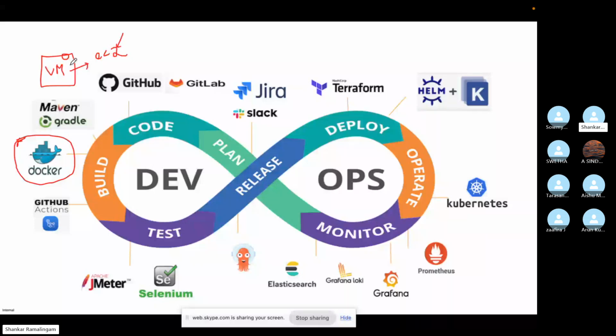So as long as you keep doing something, the VM that you create next is not in sync with whatever you created earlier. This may have some set of XYZ packages, whereas this may have ABC packages. It all depends on whether you are doing it in an automated way or a manual way. But anyways, most of the times what you will see is some inconsistency between these two.